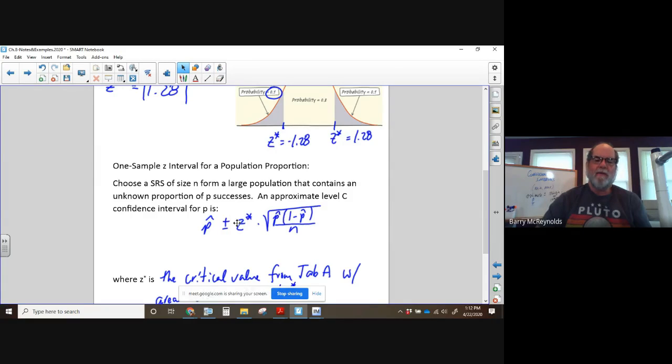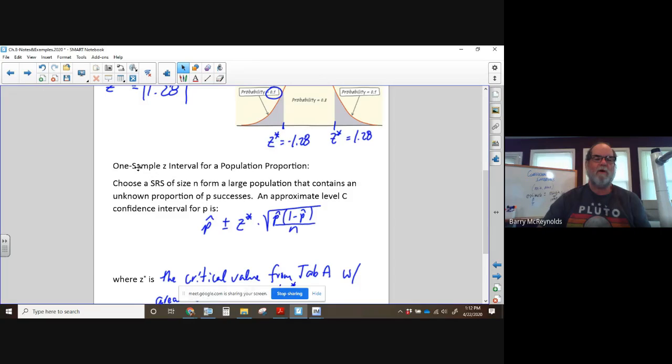But we're going to replace the critical value of Z star with a value from a t-table, which we'll talk about later. But for right now, you need to be able to distinguish between a one sample test and a multiple sample test.